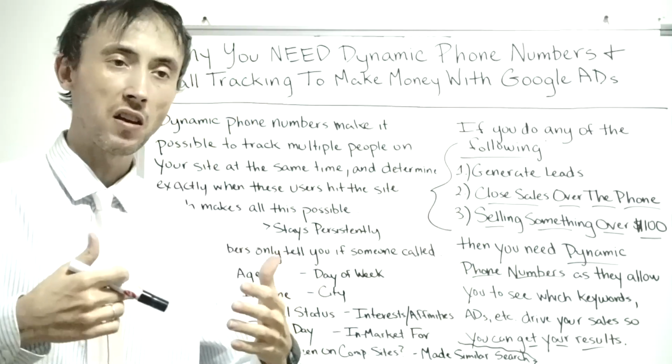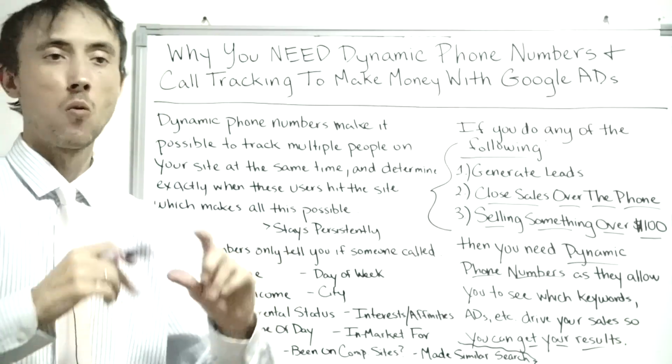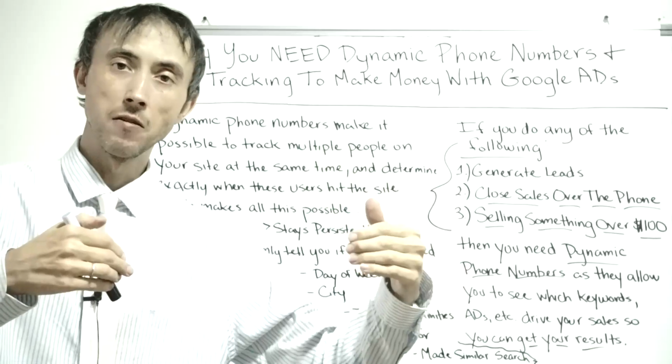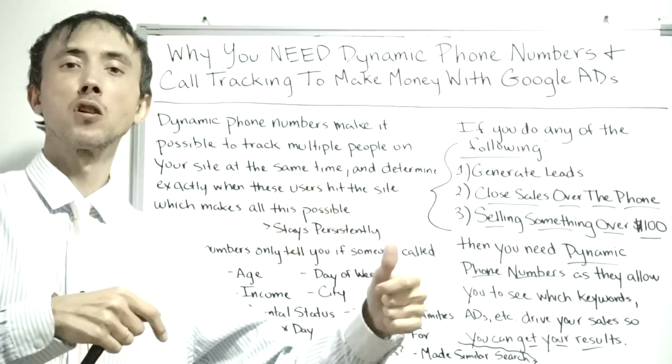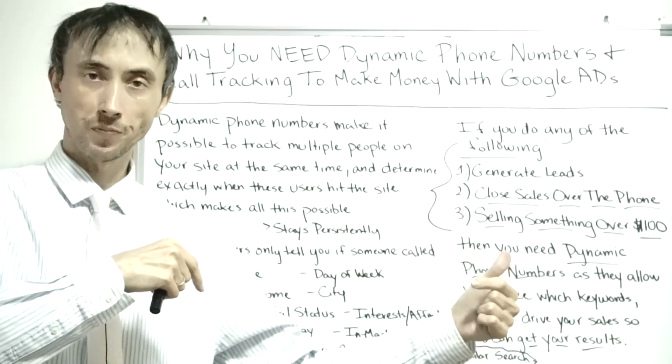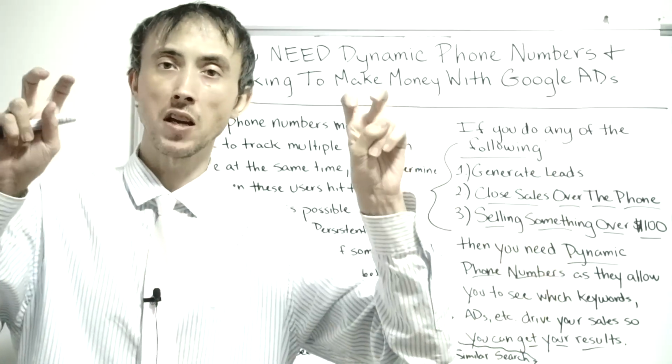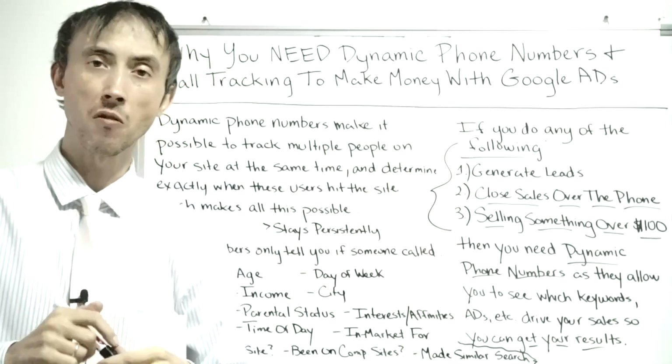Furthermore, with this dynamic phone number system you put a tracking code on your website, and when somebody hits your site, this tracking code looks at all the traits of the user that it can pick up and sends that to your call tracking provider like CallRail. I recommend CallRail.